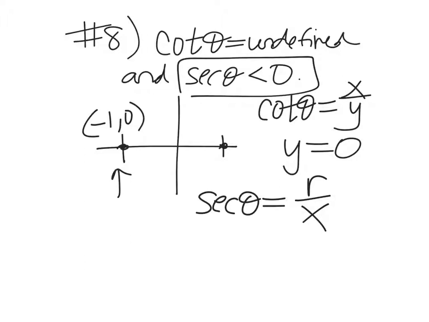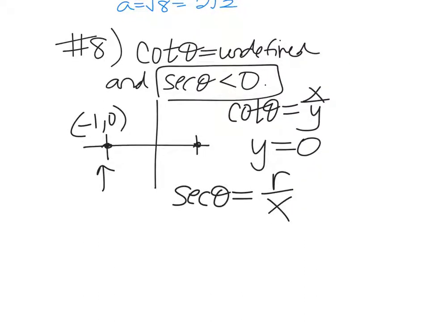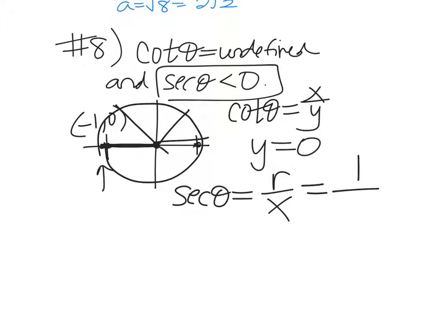Okay, right. All right, so then what you get is what's the distance of r? Distance of r is 1. Wait, isn't r the hypotenuse? Yes. It's also the distance from 0 to that point. You kind of think of it as the radius. Yes. Think of r as the radius. The radius is always going to be positive.